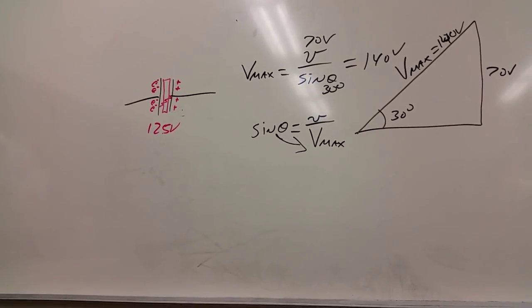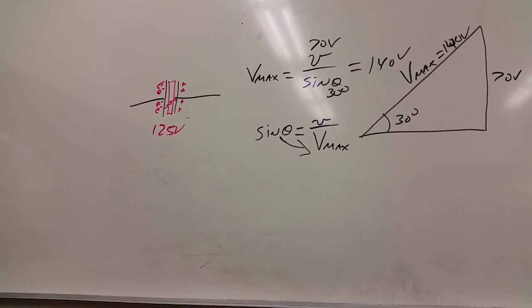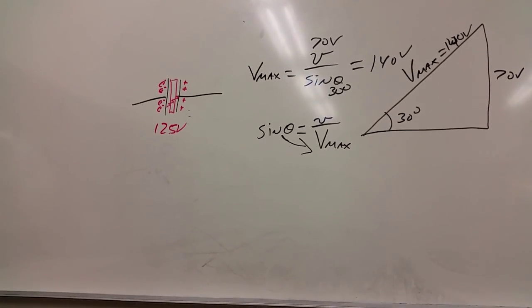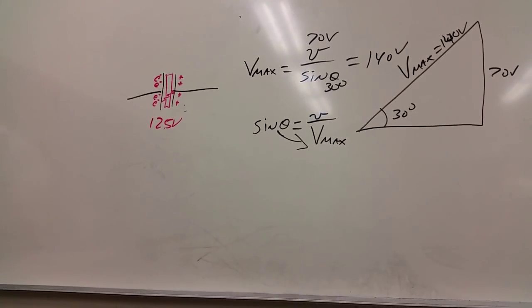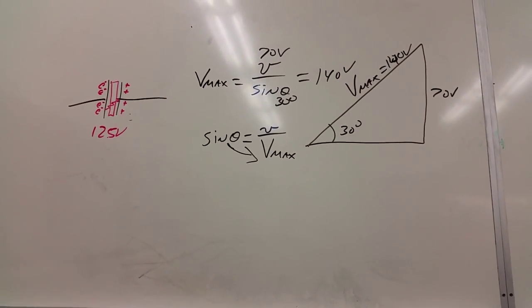What does it mean to be impressed? Impress means put across it. So it impresses a voltage, so it's got all this force on it, just like a water balloon.